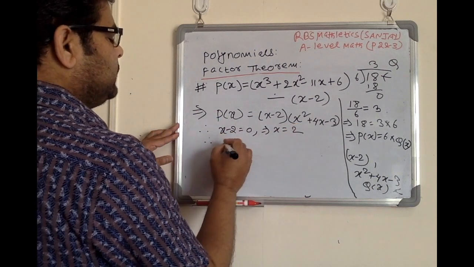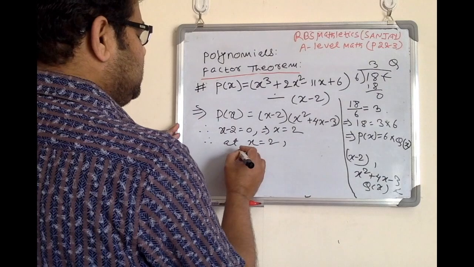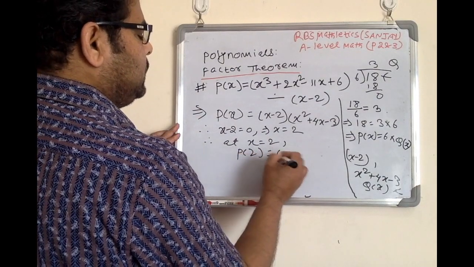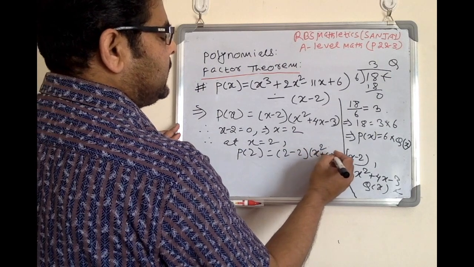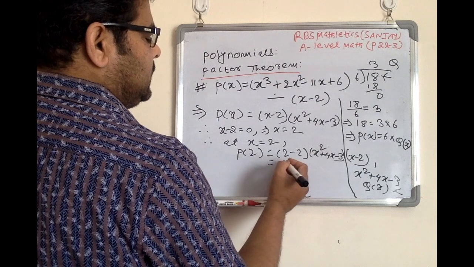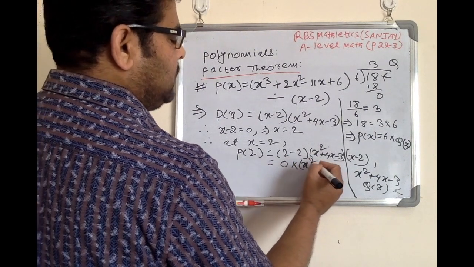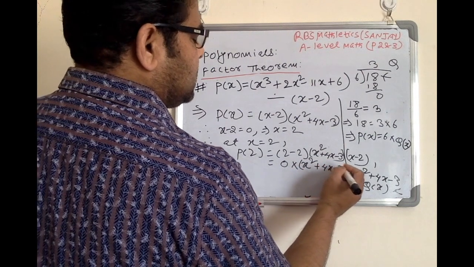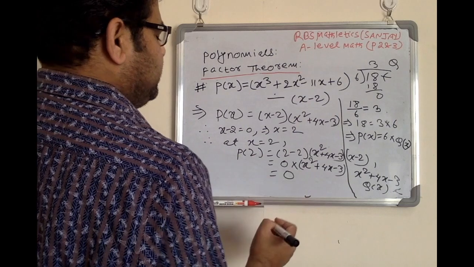So at x equals 2, P(2) equals 2 minus 2 times x squared plus 4x minus 3, and the 2 and 2 cancel out, so it is 0 times the same polynomial, x squared plus 4x minus 3, and that makes it 0 again.